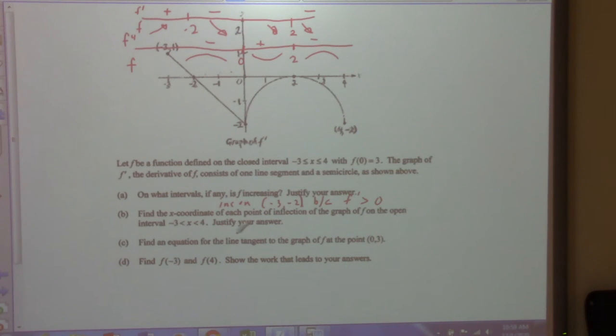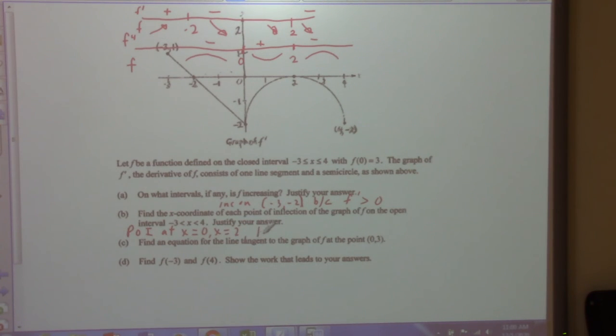So find the x-coordinate of each point of inflection. So the points of inflection are at x equals 0 and x equals 2, and why is that?